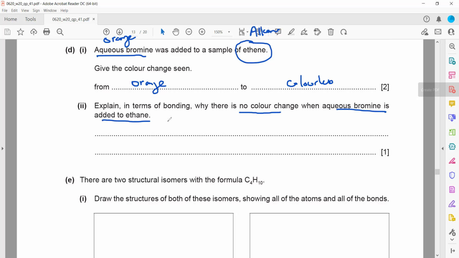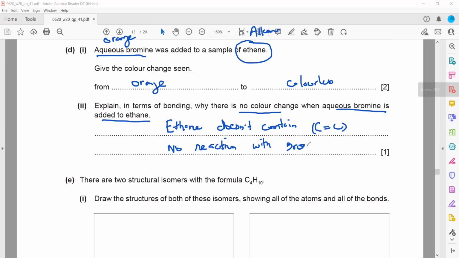Because ethane does not contain the double bond, C double bonded C. And if it does not contain C double bonded with C, there is no reaction with bromine. It only undergoes a color change if the reaction occurs. If there is no reaction, then there will be no color change. So alkanes do not show any color change. Alkenes show the color change.